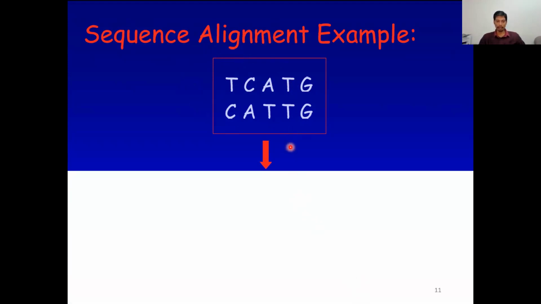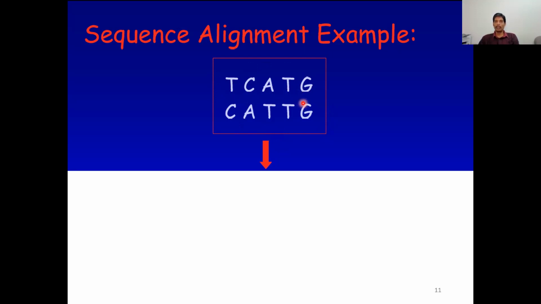Maybe if you have a pen and paper, try to align these two sequences and see. T is not aligned with C. C is not going to align with A. A also cannot with T. T with T is okay. G with G is okay.